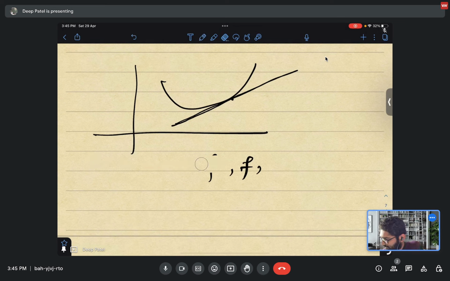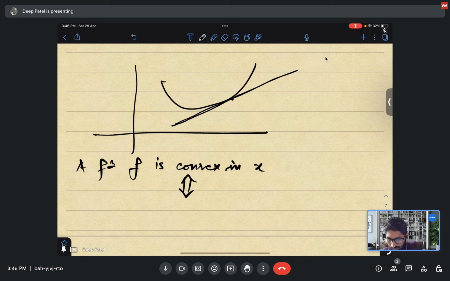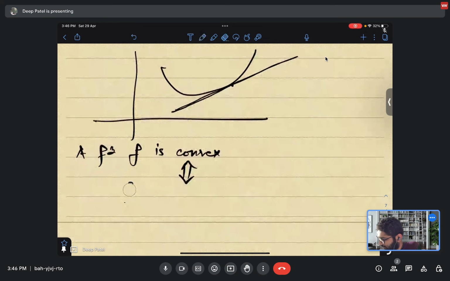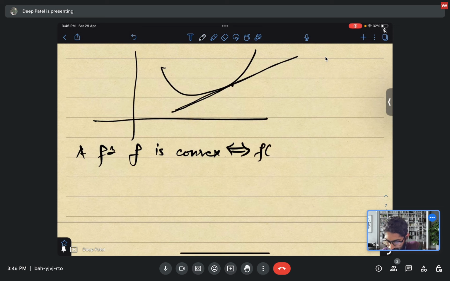Or rather, let me write it like this: a function f is convex in X if and only if, I'll just treat it with a single argument, f of y is greater than or equal to f of x plus (y minus x) transpose gradient f of x.